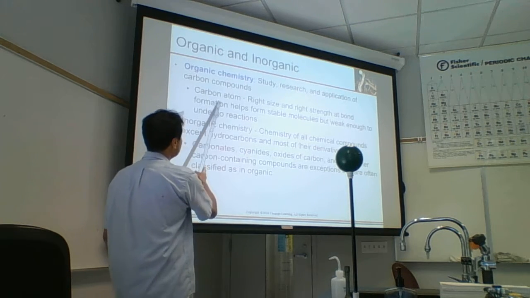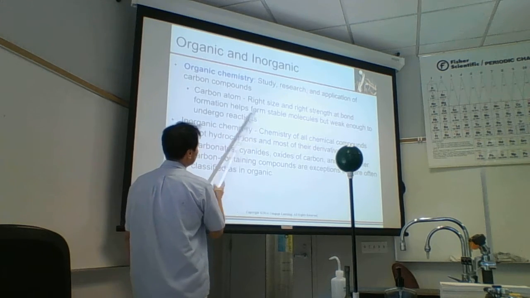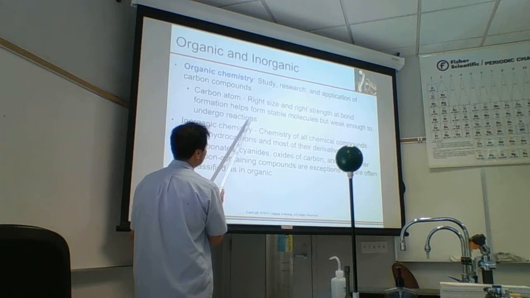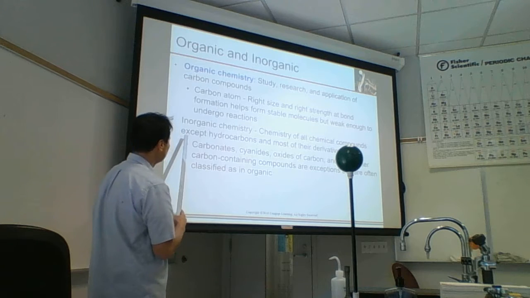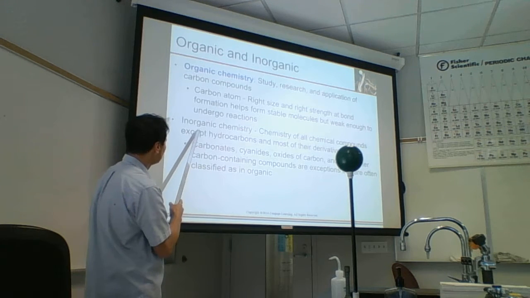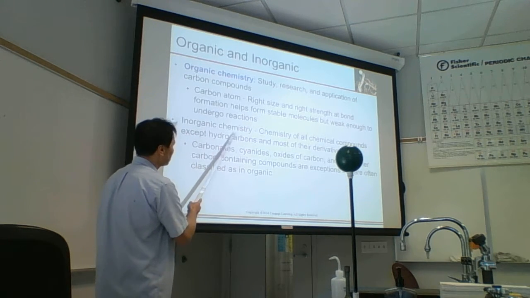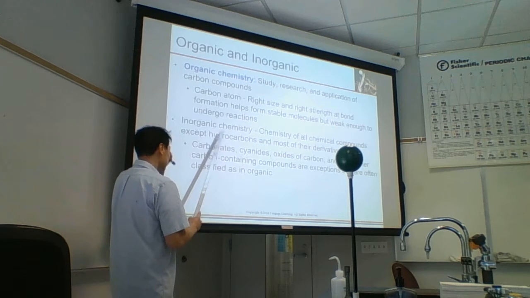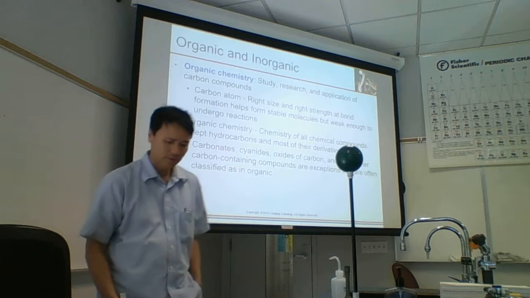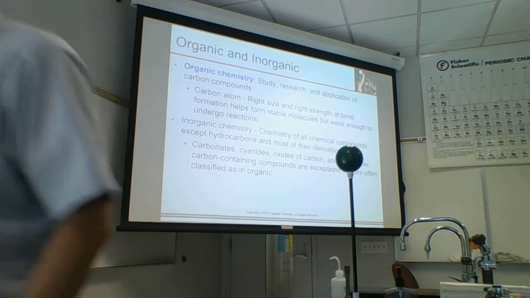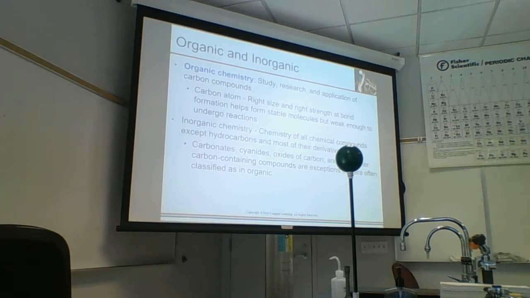So this is what they're saying. Carbon atom, right size and right strength of bond formation helps form stable molecules, but weak enough to undergo reaction as well. All right. It's the rich bonding environment of carbon. Inorganic chemistry is the chemistry of everything else, basically. Everything else in the periodic table is considered inorganic chemistry.